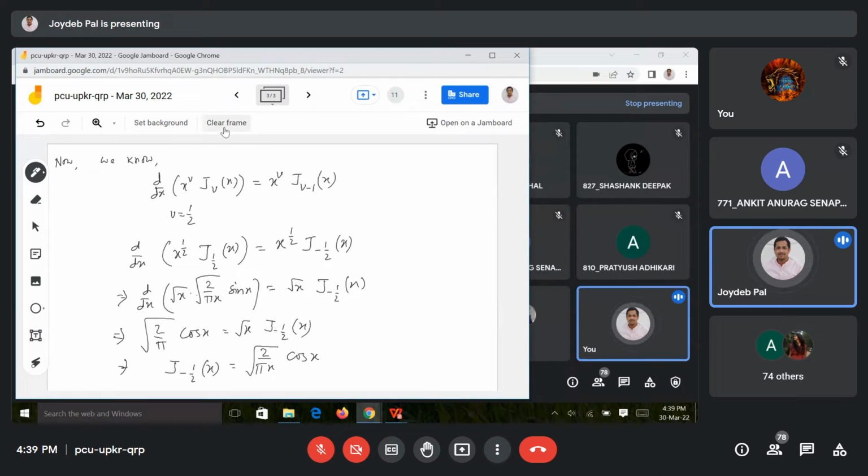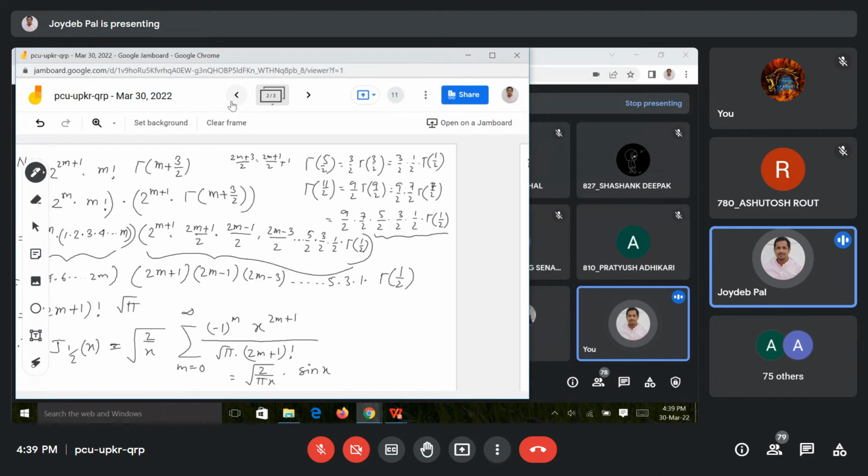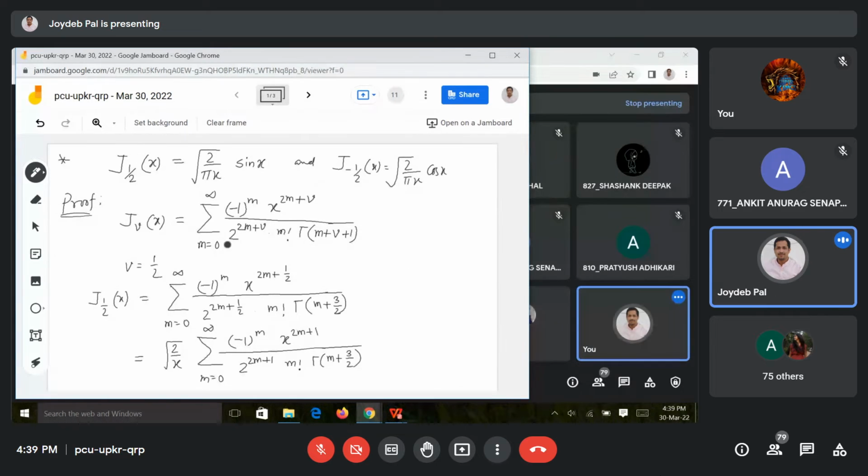that I told. Actually, otherwise there are some other derivation. In that J nu x formula you put nu is equal to minus half, then simplify and then try to get the summation form of cos x. Okay, that you can do. But better you store something less in your brain.